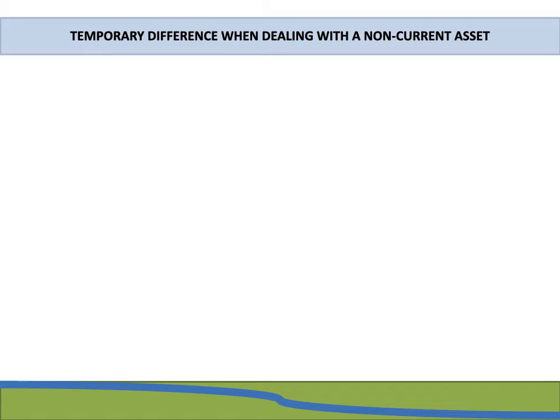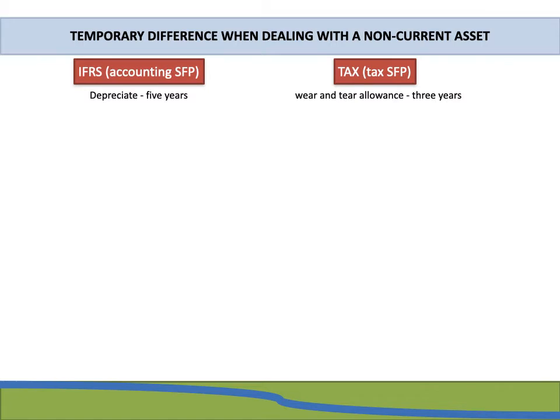So we know that for accounting purposes, or our accounting statement of financial position, we are going to depreciate this asset over 5 years. For tax purposes, we are claiming a wear and tear allowance on this computer for 3 years, and we know that our temporary difference is the difference between our carrying amount and our tax base.